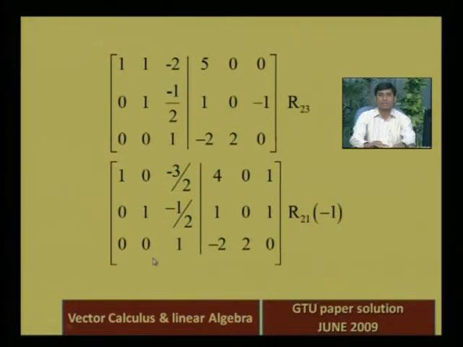You can see the third row is as it is, 0 0 1. The second row is also as it is, 0 1 minus 1 by 2, and the changes are just in the first row.